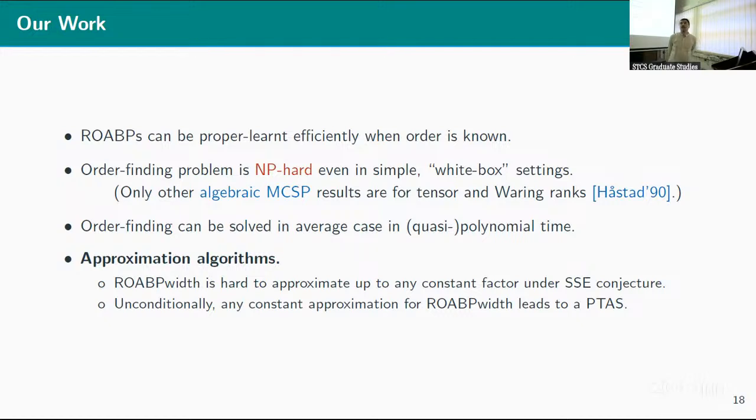This is a weird setting, and I don't know if anybody has looked at monotone ROABPs, but there the Nisan argument breaks down, which is perhaps why you're asking. Yes. I can't think of anything off the top of my head, but I'll think more about it.